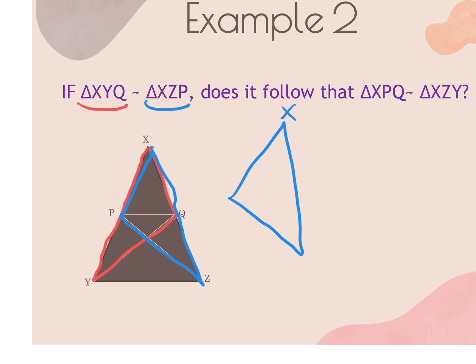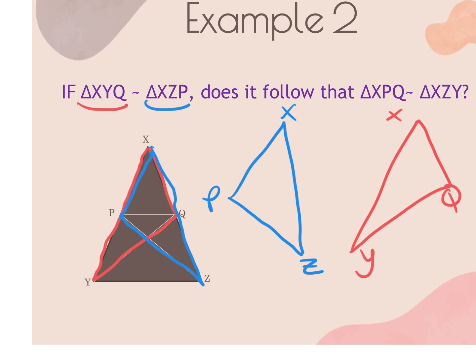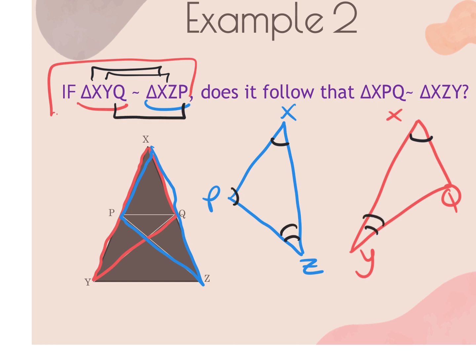So X, Z, P, and then I have the XYQ. Now remember, when we have similar triangles, and that's what they told us here, I know that it has the corresponding angles that are congruent. So X and X are the same, so X will be congruent to X. Then I also know Y and Z, the second letters, are congruent. And then finally the last, the Q and the P.